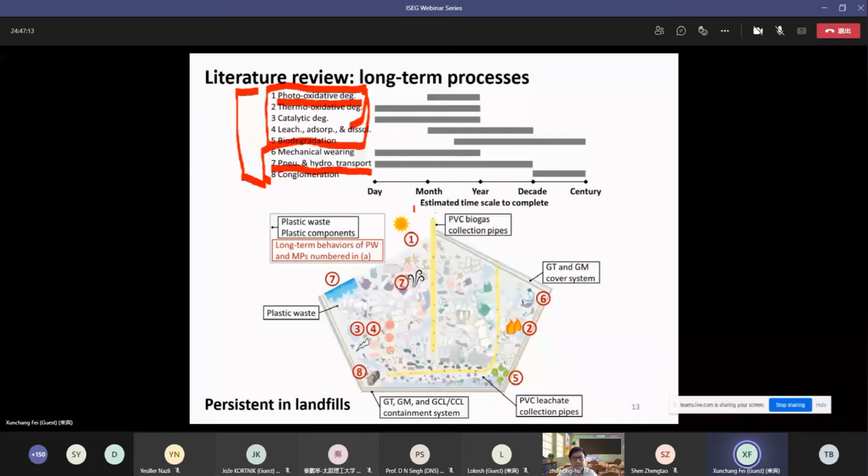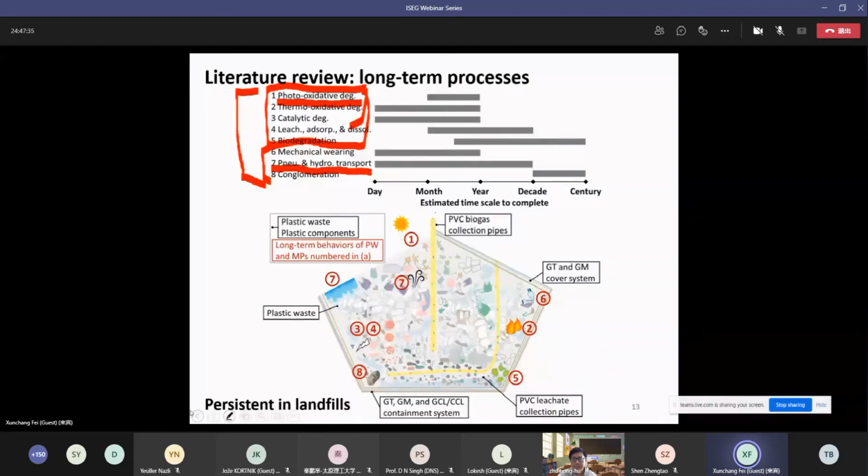We store the plastic waste in landfills and hope that they do not change at all, so that they are not threatening the environment. But this is not the case, meaning they will eventually break down into microplastics, and then they will be carried out by the leachate or maybe even by the wind, and so on, to further contaminate the environment in the future.